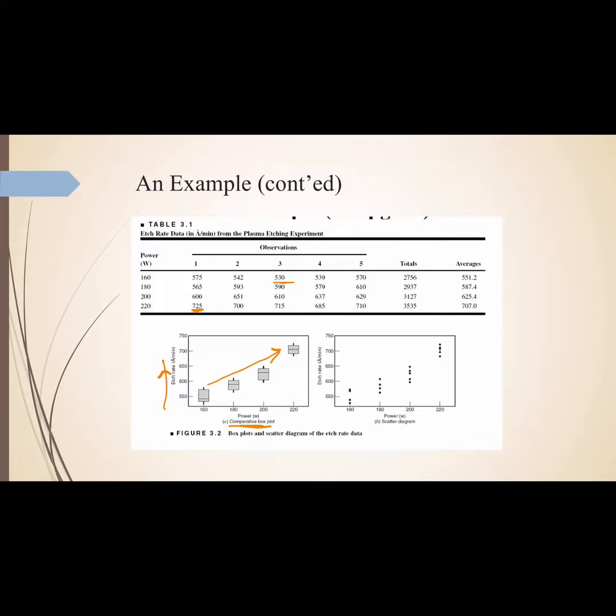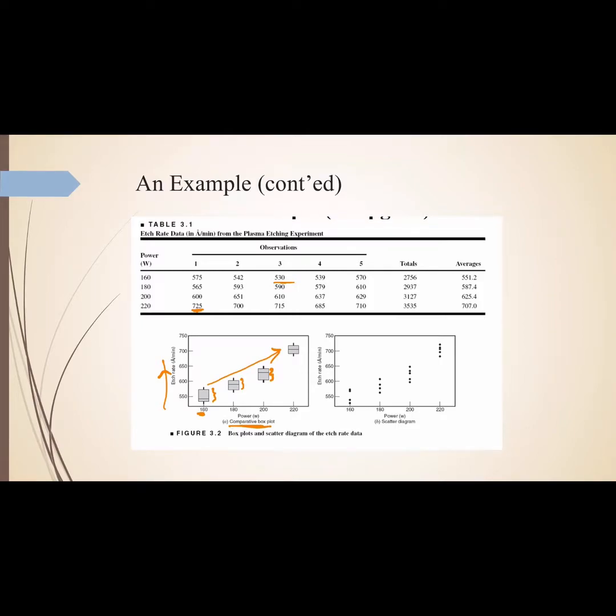We can also see that within the box plots themselves there is a lot of variability, right? Not all the box plots have their data evenly distributed about the median. So we cannot say for sure whether the power setting has any effect on the variability within a particular box plot, because it doesn't follow any pattern.